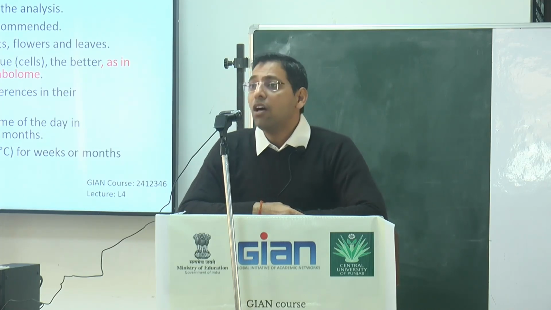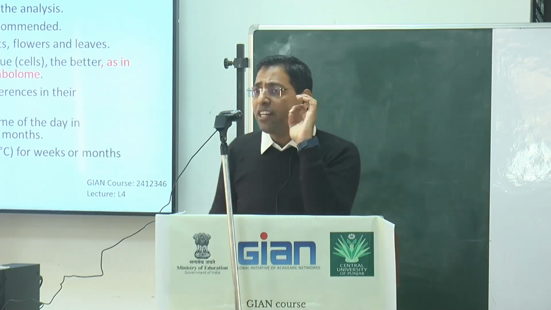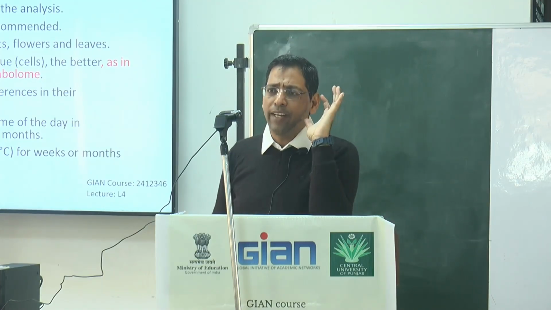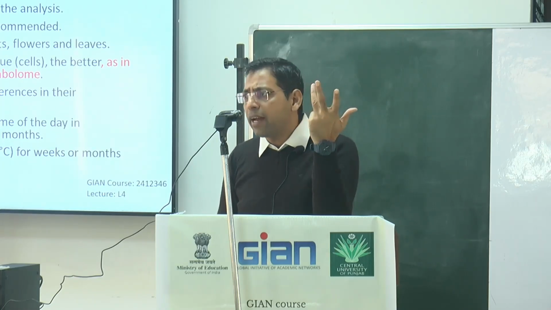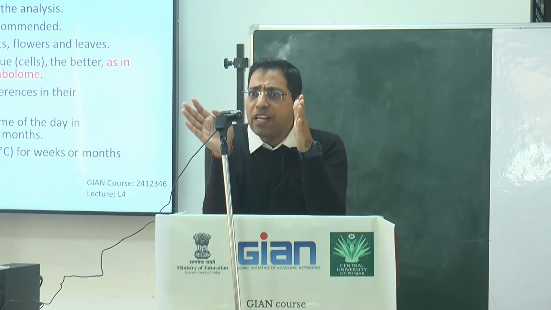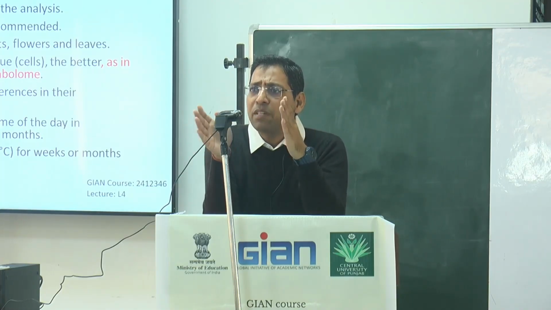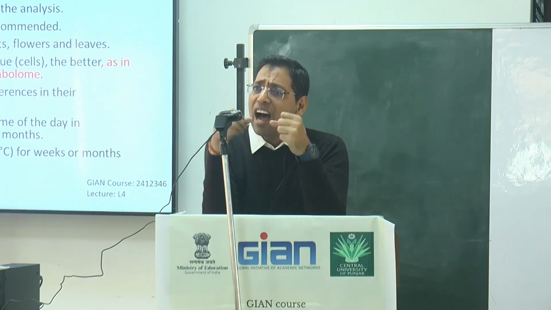And if you have a very small amount of sample, just 5 microgram, 10 microgram, you have to ensure that whatever cells are present in that sample are highly homogeneous.